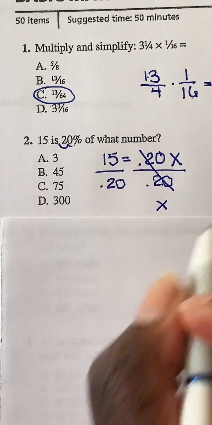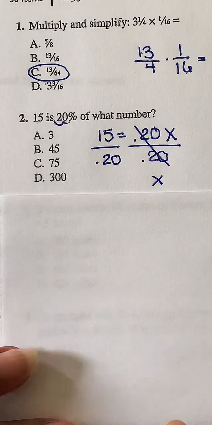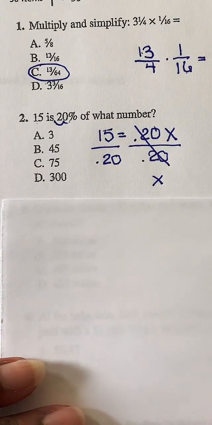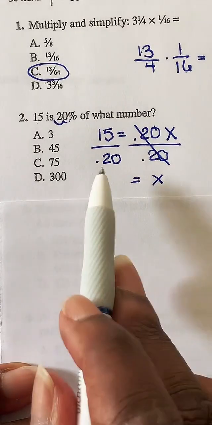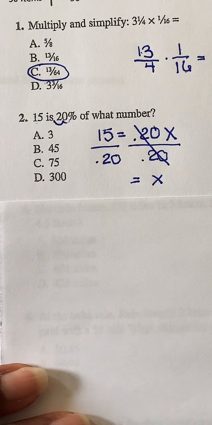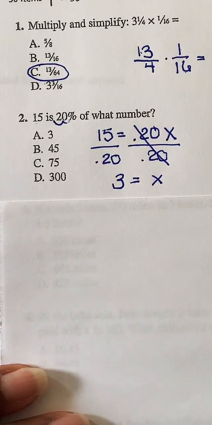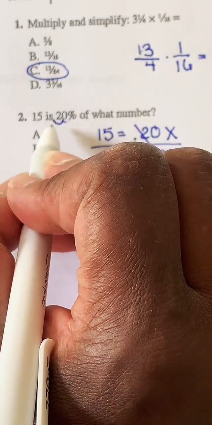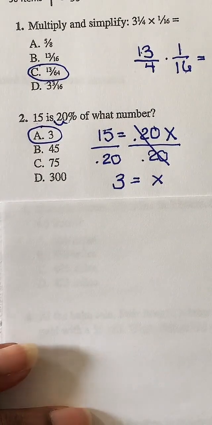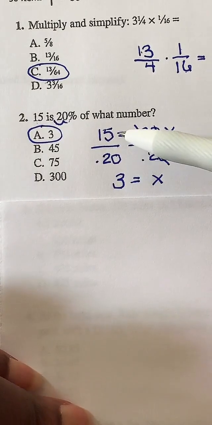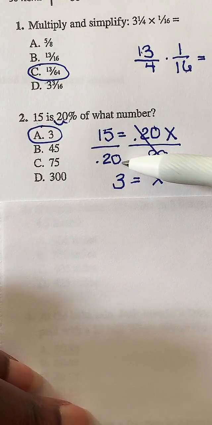So now you are able to use a calculator, not a graphing calculator. You take your 15 divided by 0.2, and your answer should be 3. Okay? It should be A. It's not 20 divided by 15. It's going to be your 15 divided by 0.20.